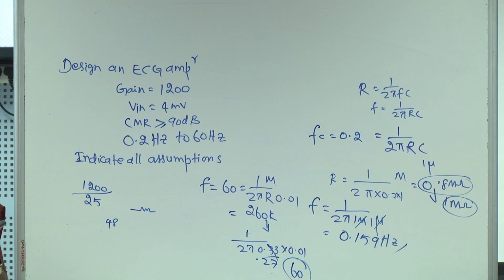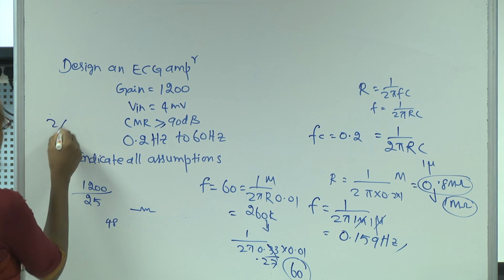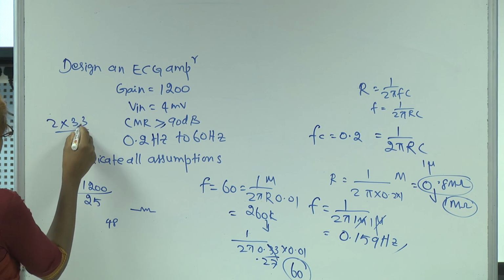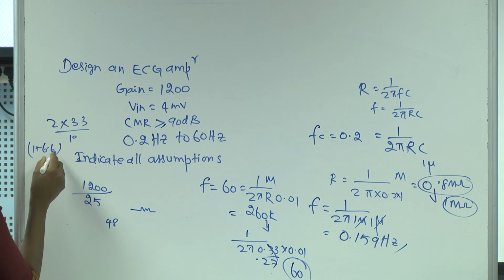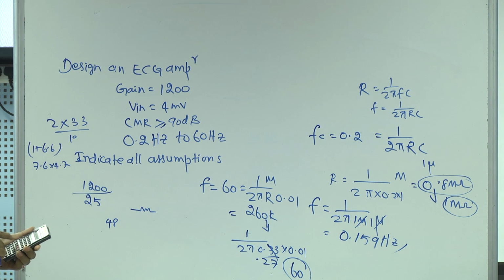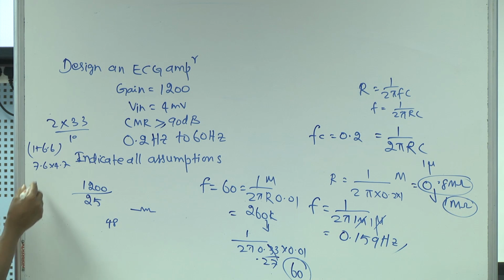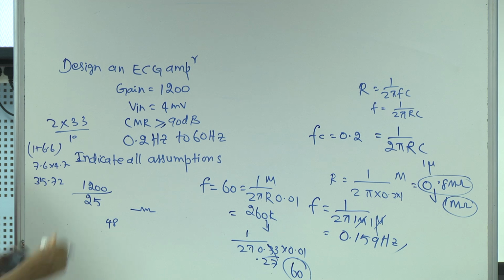Then we will get 1 plus 2 times 33 divided by 10, 6.6 plus 1, no? 7.6 times 4.7, 35.72. Let me see what I did. Oh, I used 22. Okay, what I did, I put RG as 6.4.